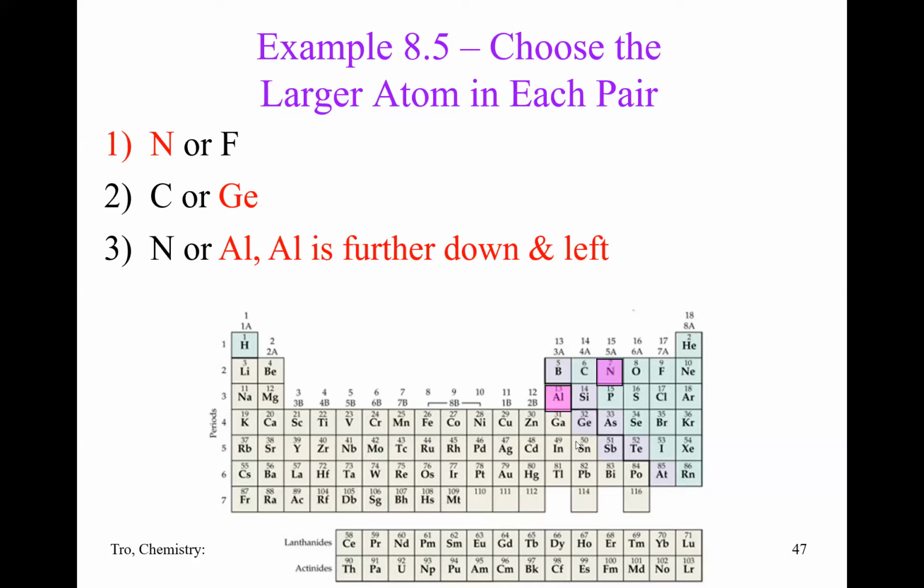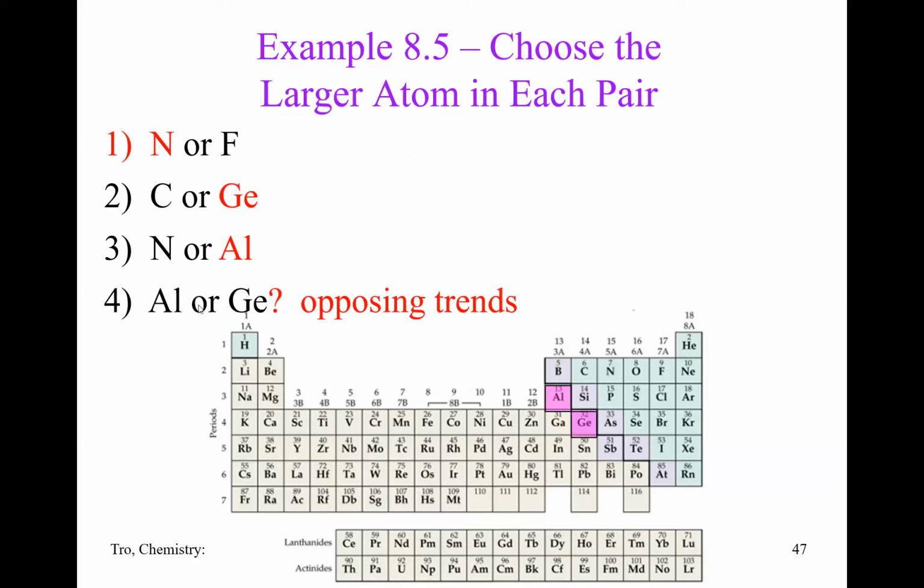If you're asked to compare two that go against the trend, which we see here, then it's hard to predict. Right, so for these two, for example, as you go across, it should decrease, but as you go down, it should increase. So which one's bigger? It goes against our trends. You would need that table to look it up. So you won't see one where it goes against the trends.